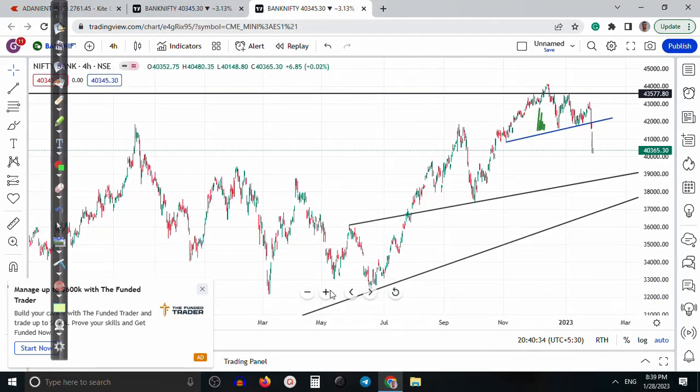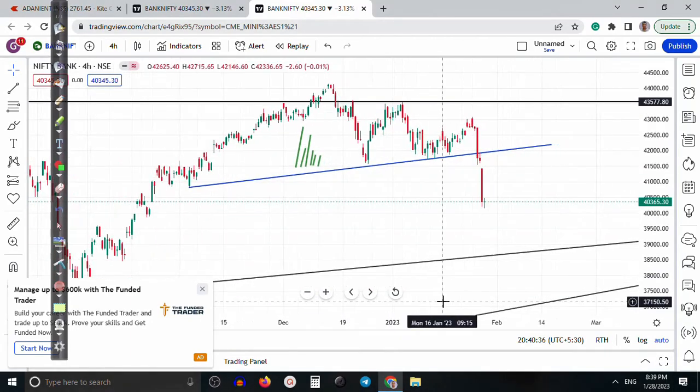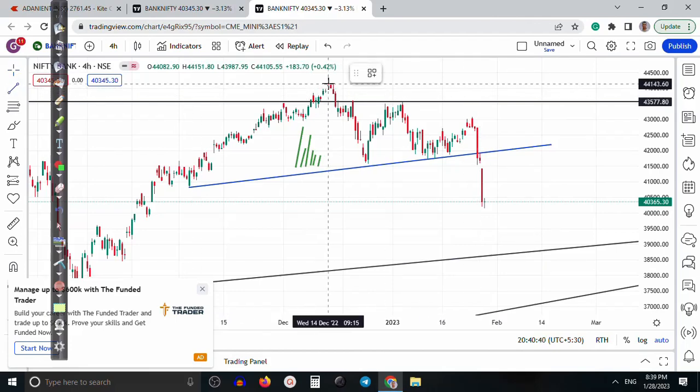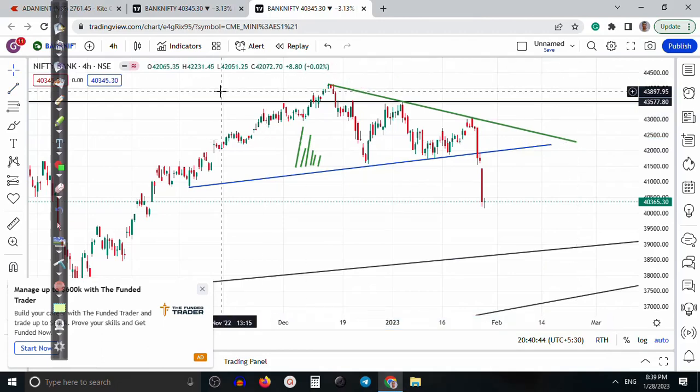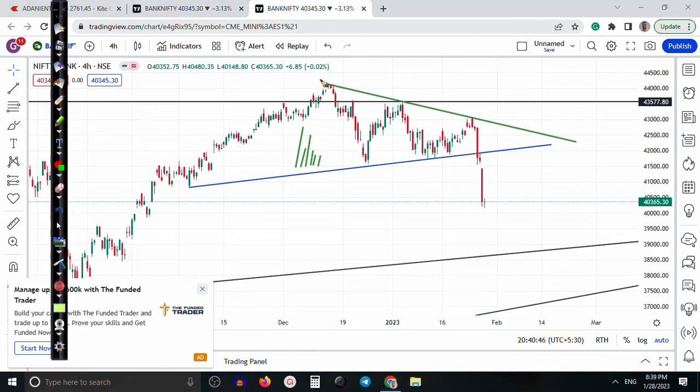Let me zoom a little bit. Okay, let me connect these two swing points. So first, the previous point, we have seen this is the rejection point, and we connected the rejection point. As I said, we are using a diagonal and a parallel line. One is parallel and the other is a diagonal line.